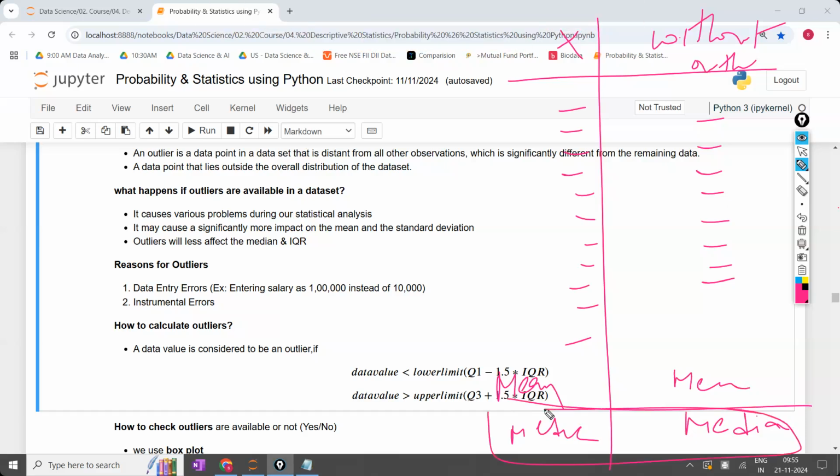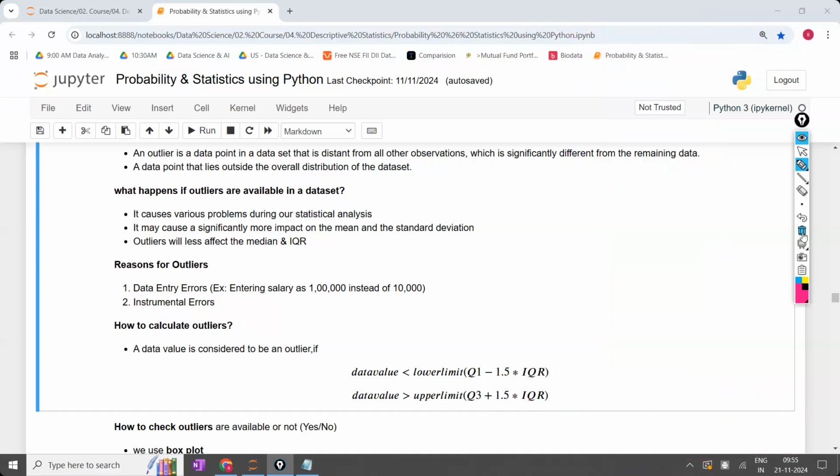It will be impacted, but comparatively very little. So that is the impact of the outliers. It causes various problems during statistical analysis. It causes a significantly larger impact on the mean and standard deviation, and outliers have less impact on the median and IQR.